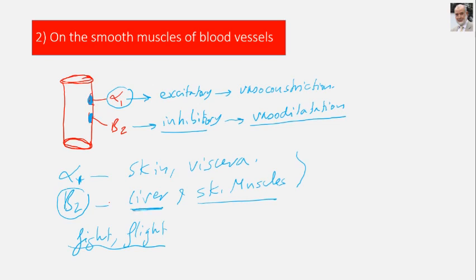The liver produces glucose, which is needed for energy, and the skeletal muscle does the voluntary activity. This means less blood supply to the skin and viscera. Therefore, sympathomimetics, by acting on alpha-1 receptors in the skin and the viscera, reduce blood supply to these organs, while beta-2 receptors on the liver and the skeletal muscle increase the blood supply to these organs. Okay, so this is the effect on the smooth muscles of the blood vessels.